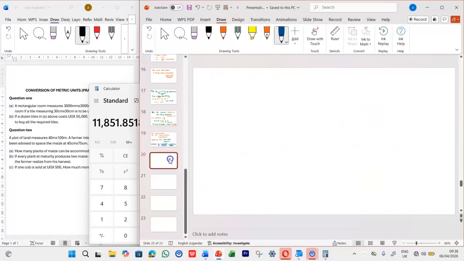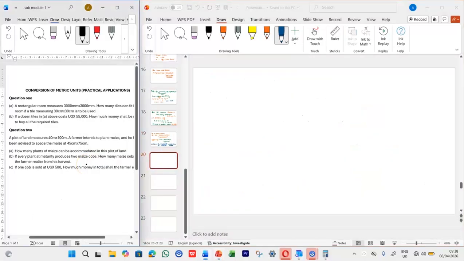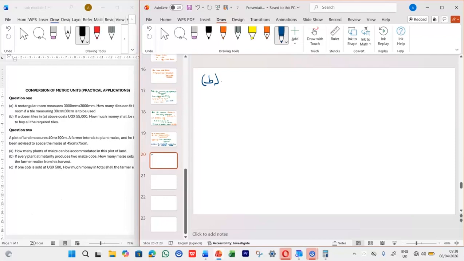So what is in part B? Part B says, if every plant at maturity produces 2 maize cobs, so at maturity each plant equals 2 cobs.